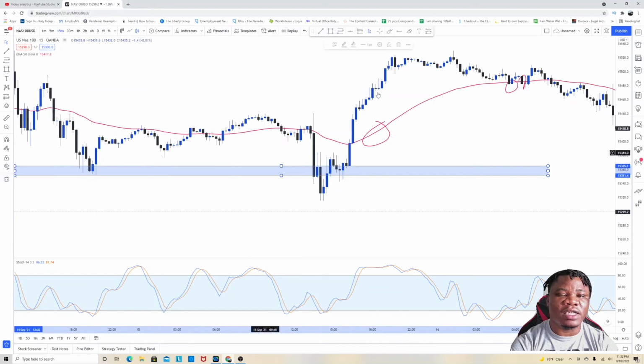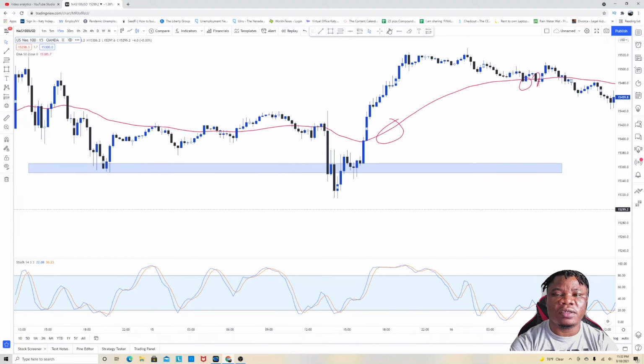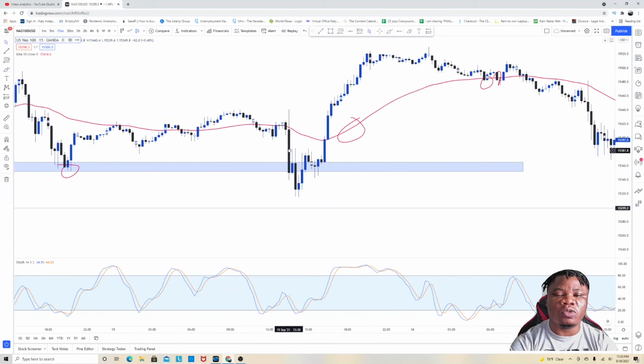We can see that we had a previous support zone over here to the left hand side. Once price got to the previous support zone, we can see that there was a slight consolidation right here. Price tried breaking this previous support zone, thereby making a resistance zone here.